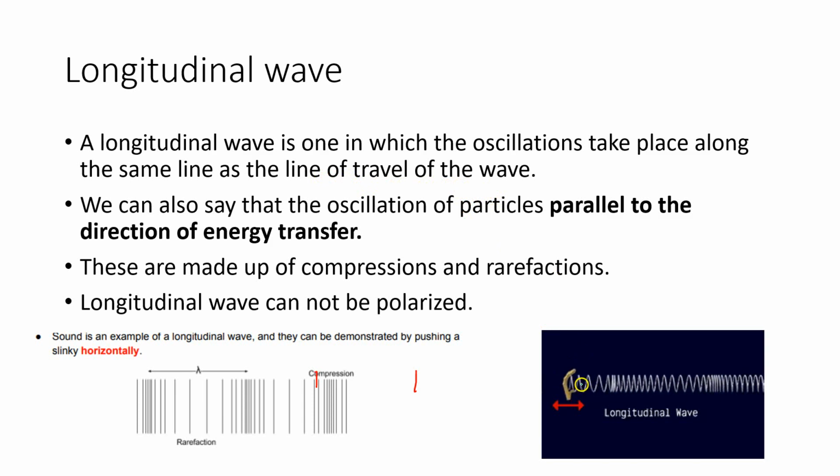When you look at a transverse wave, you oscillate it up and down, but the movement of the wave is going horizontally, so to speak. When it comes down to a longitudinal wave, you're oscillating it in the same direction where it is going to move at the end of the day. All right, so that's what we look at when it comes to a longitudinal wave.